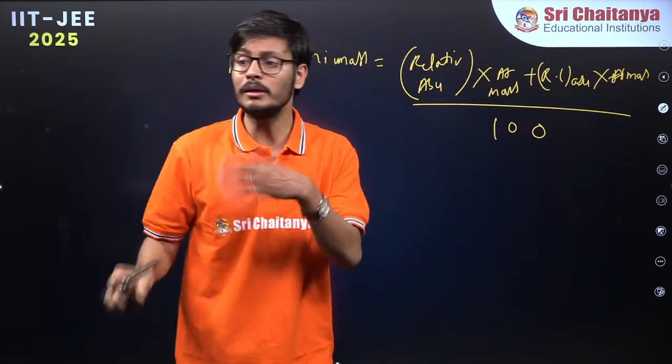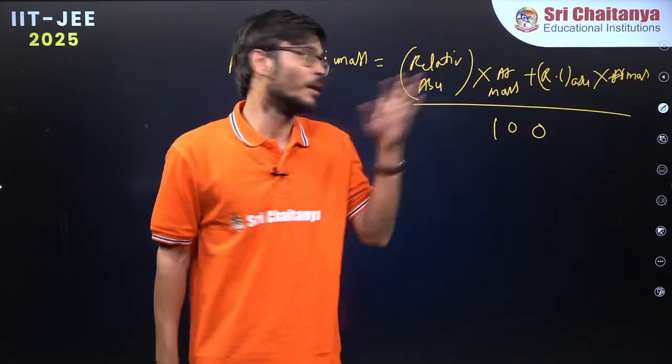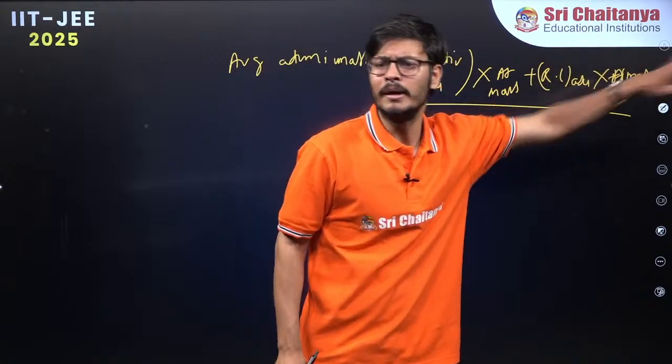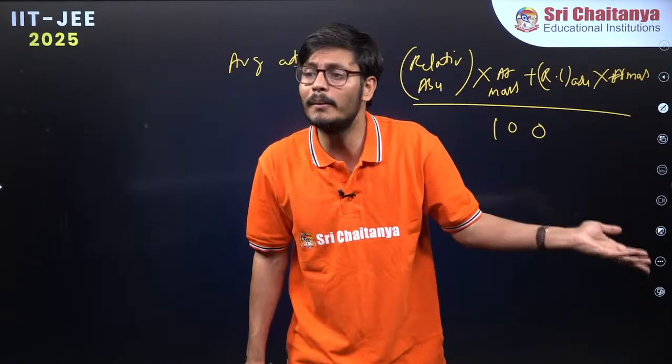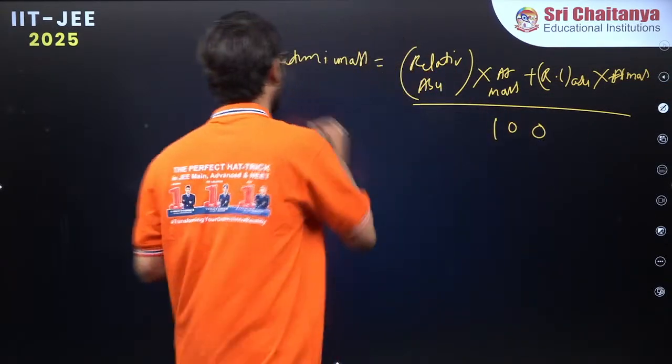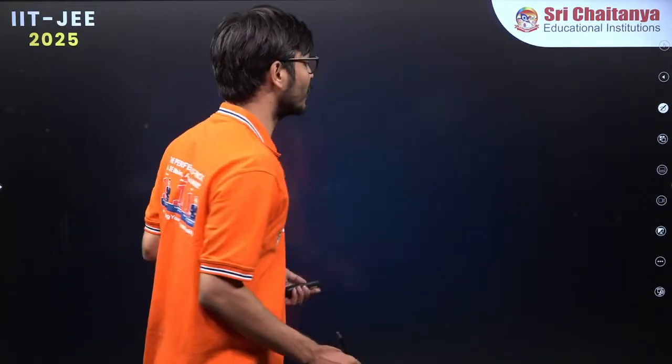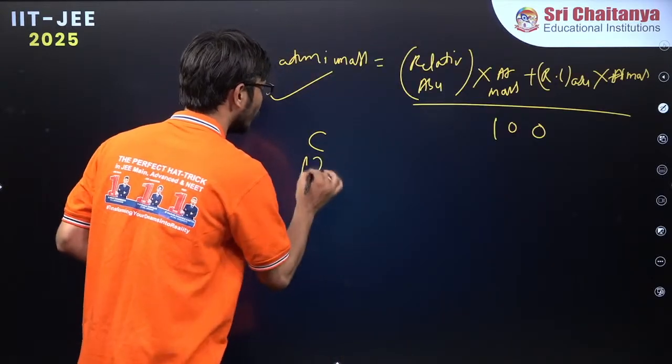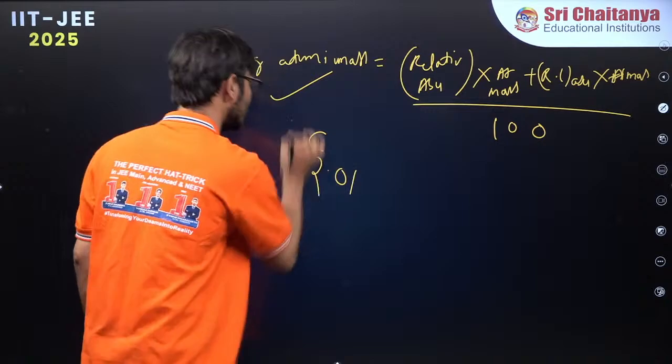If there are more than two isotopes, you add a third, and a fourth if there are four, and divide by 100. That will be the average atomic mass. Therefore, in the periodic table you will not find 12, you will find 12.01.